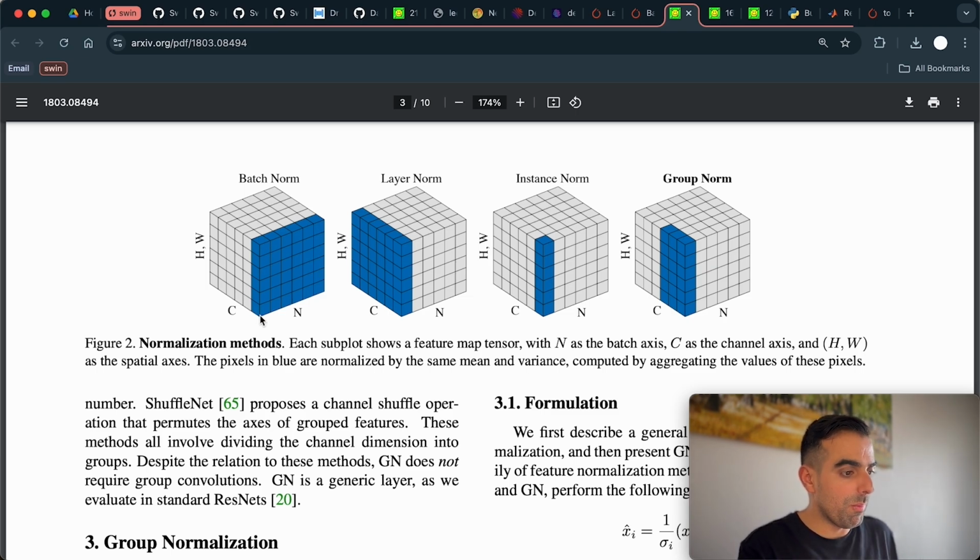But this is the problem. N is not fixed. N is changing because you set the mini batch as you want, and depending on how large or how small you set the mini batch, these statistics, the mu and sigma, will be different.